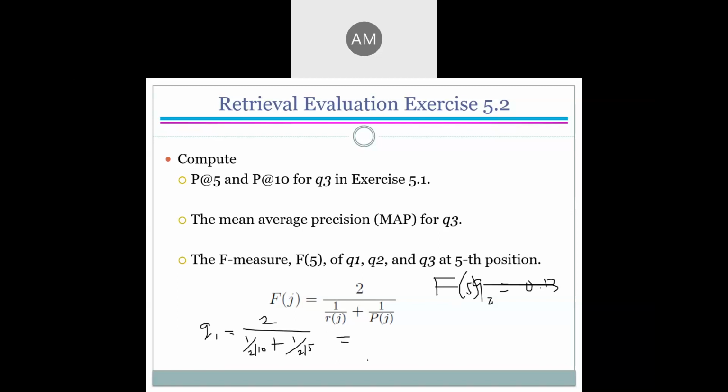So what is the value here? 2 over 5 is 0.4.